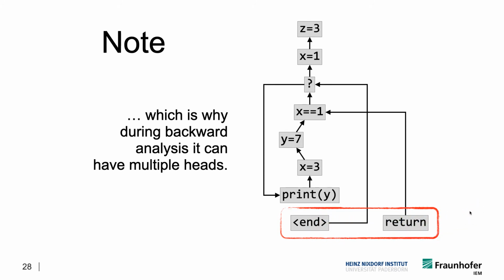And I'm telling you this because if you look at individual representations, like we have them in Gimple, for instance, in Soot, you will actually see that the implementation of the data flow analysis that we have there is actually accepting such graph representations that can have multiple entry statements, like you see here. And now you understand why that makes sense, right? So normally, if you think about it, a procedure always has a single unique first statement. But if you turn it around, like you see here, that's no longer the case.